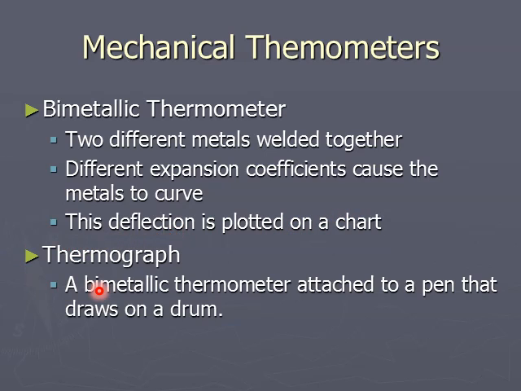You'll have a thermograph. So this is basically a bimetallic thermometer, but the chart is on a drum, and this drum rotates, and as the drum rotates, the pen records the temperature at particular times. So this gives you a record of the temperature throughout the day.